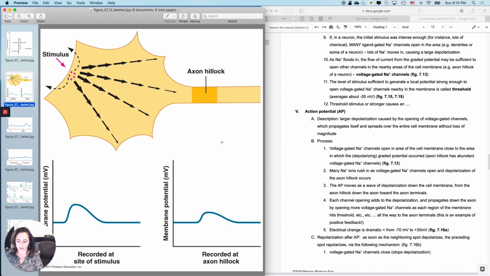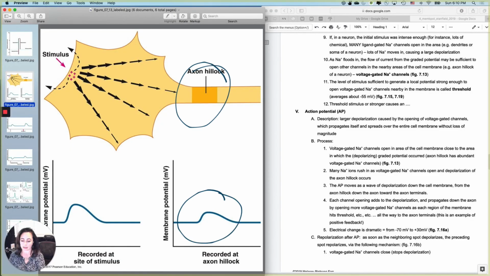If over here at this side it recorded a huge depolarization, then over here at this side it would be that big, right? Not drawn to scale. As sodium floods in, the flow of current from the graded potential could be big enough to cause a big change in the axon hillock. And the axon hillock over here is the really important part.